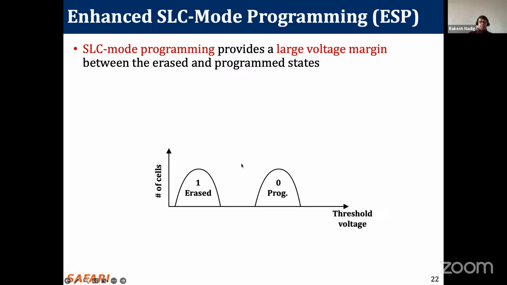So we can read these cells even if there is a slight disturbance caused by read disturb, program interference, or any error source. So this large voltage margin provides some reliability in the SLC mode programming.